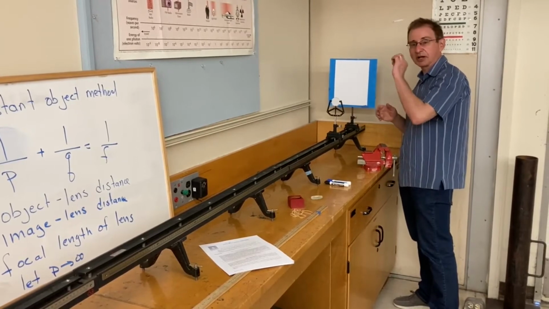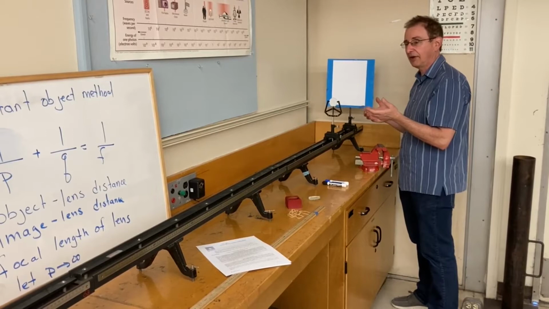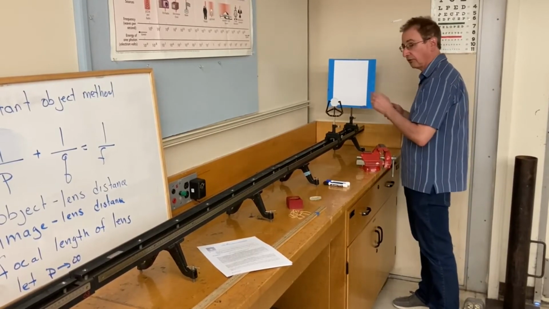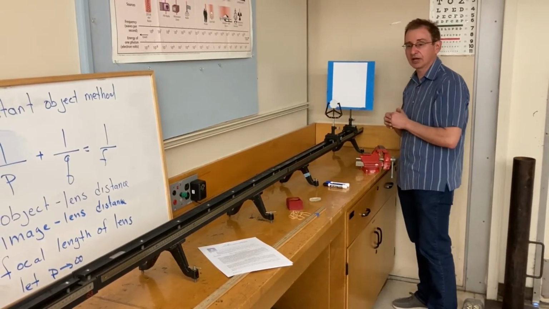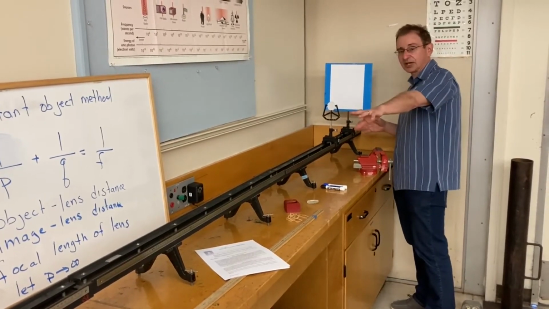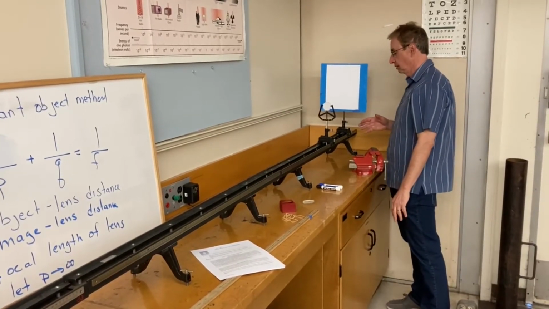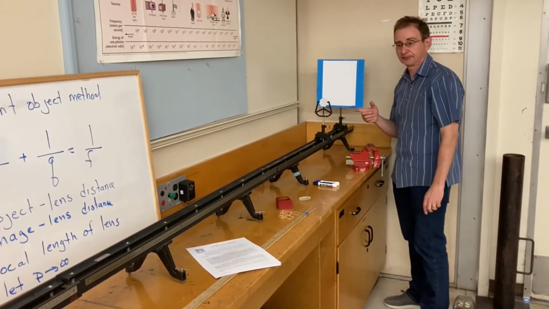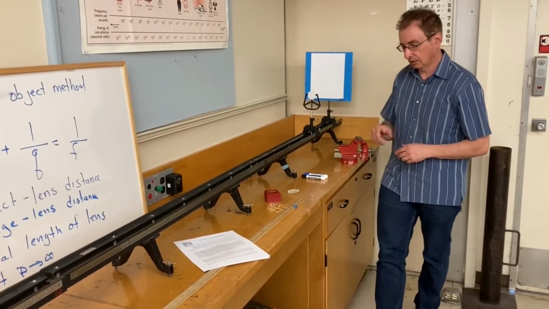You'll get a small spot of the sun on the paper, and that will give you a much more accurate value for the focal length of the lens. So you're free to go outside with this and use the sun as an object. Otherwise, you can use this setup where the object's at more than 3 meters away from the lens. You're going to do this for lens A and lens B.